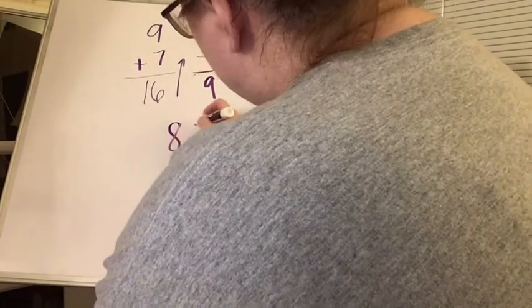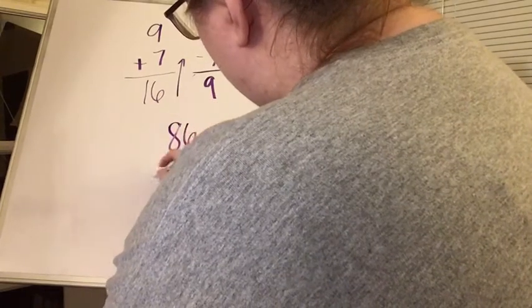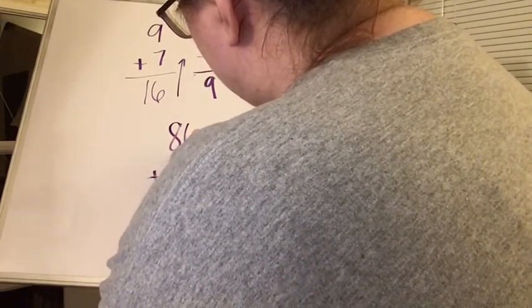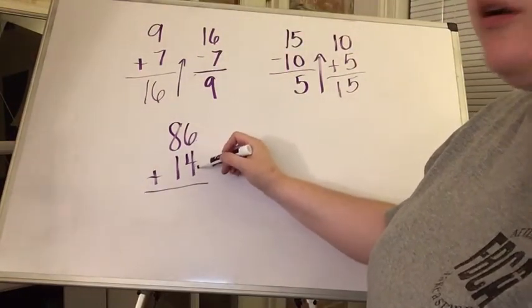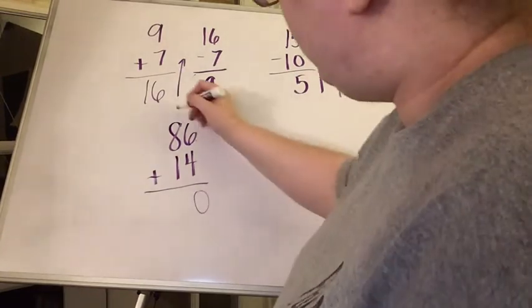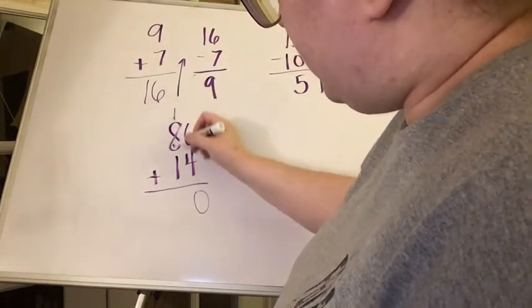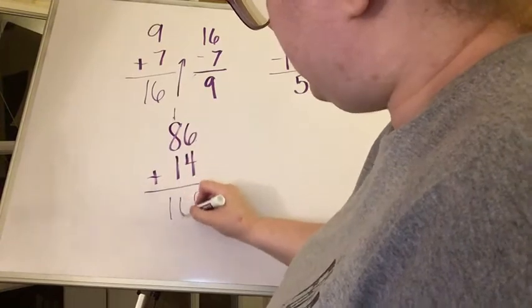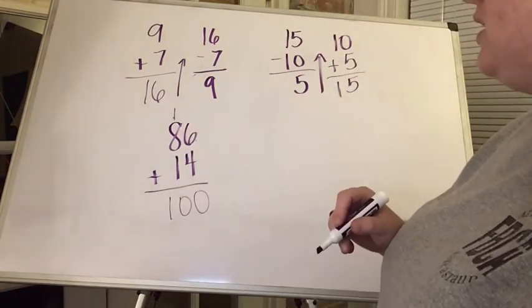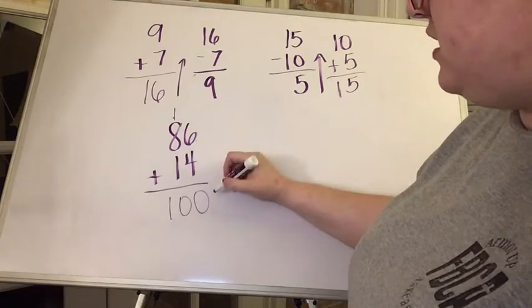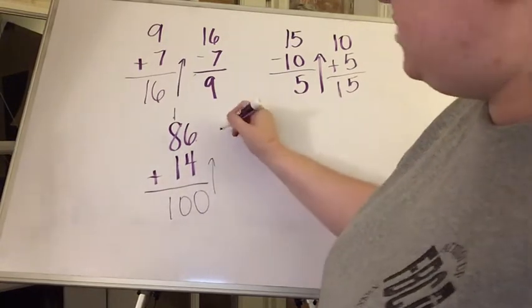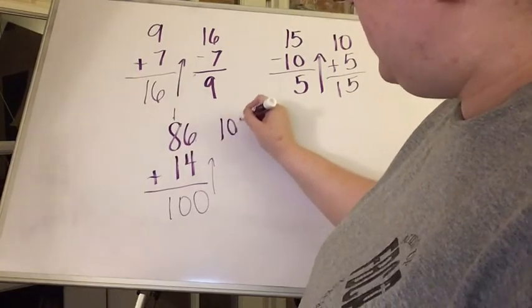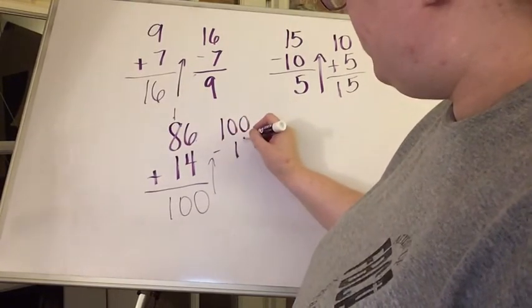Let's do 86 plus 14. Okay, 6 plus 4, 10. Carry the 1, 8, 9, 10. So our answer is 100, but now we need to check it. So the opposite of addition is subtraction. So I draw an arrow because this will tell us what number we need to draw first. So 100 minus 14.